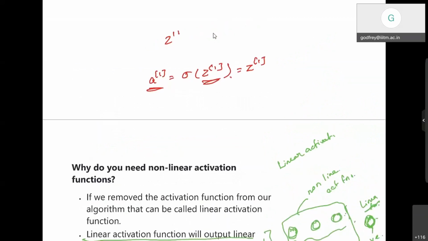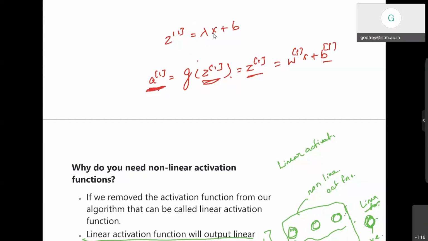Z1 is going to be W1 x plus b1. Here we make a generalized function g. If you have a linear function, then you have this itself, given by W1 x plus b1. So this is the first layer weights and first layer bias.